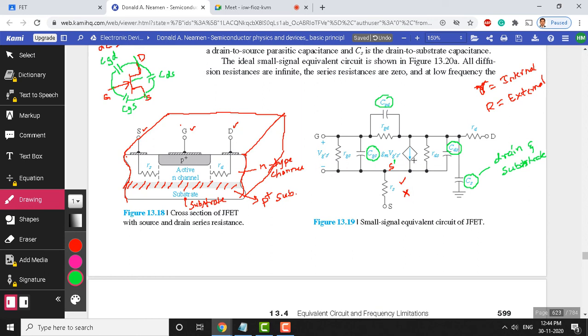And there is a dependent current source, whose current value is gm times VG'S'. The current flowing here depends on the voltage between gate and source. Finally you end up with all three terminals: gate, drain, and the actual source.